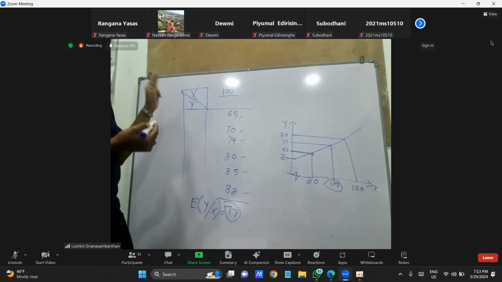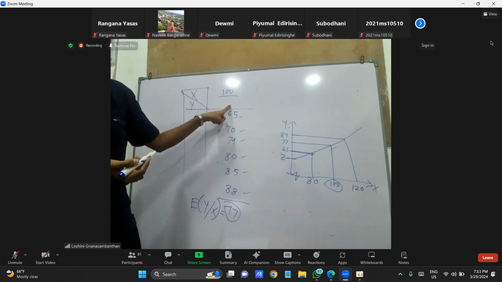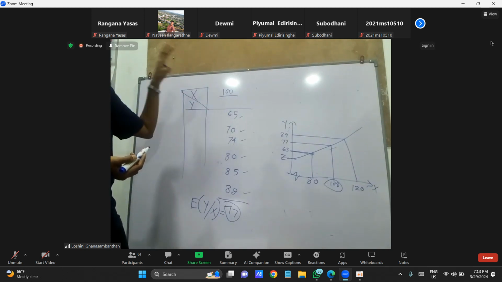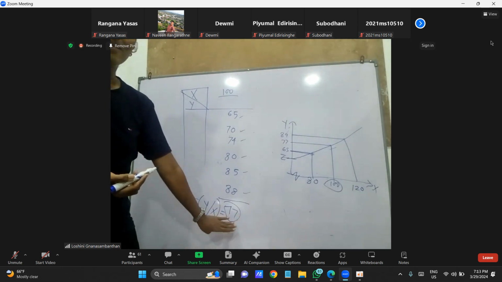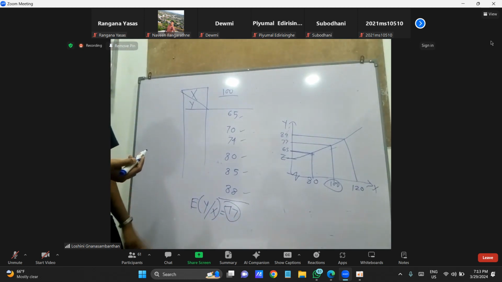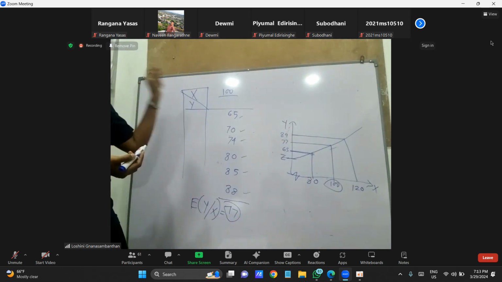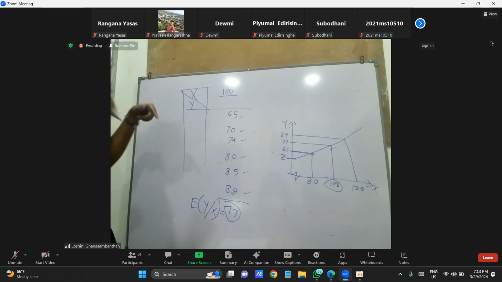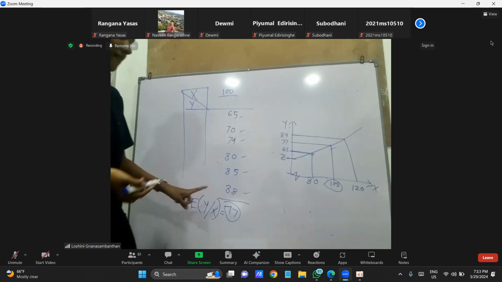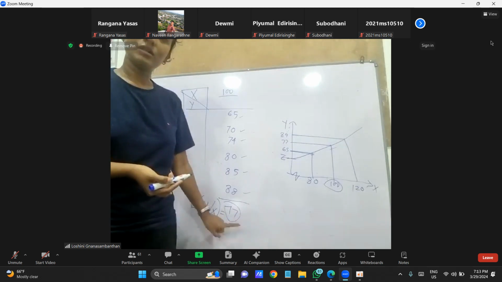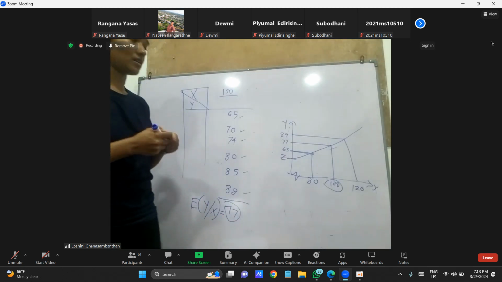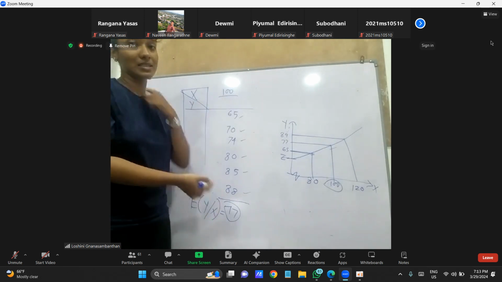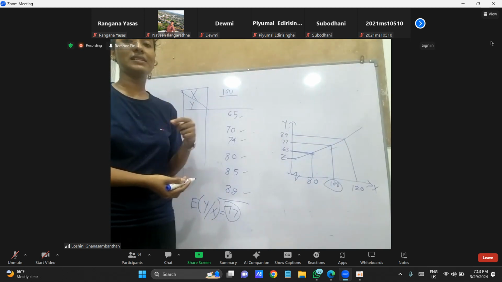So approximately, a person who earns $100 per week will spend approximately $77 per week. But the raw data doesn't actually contain 77.